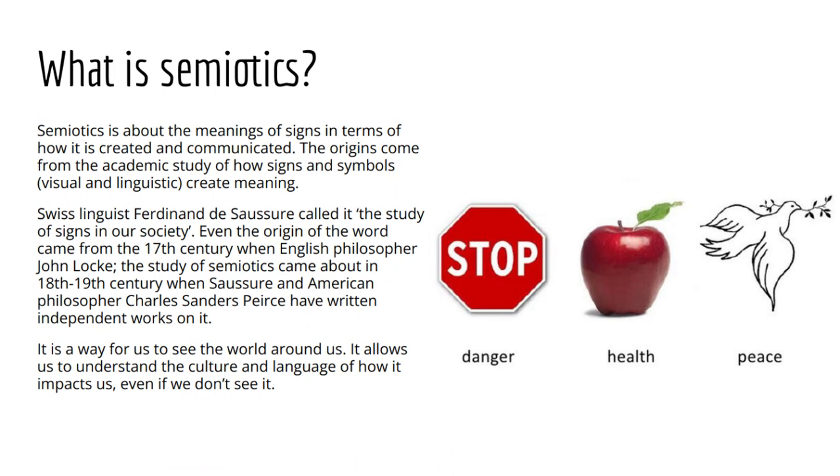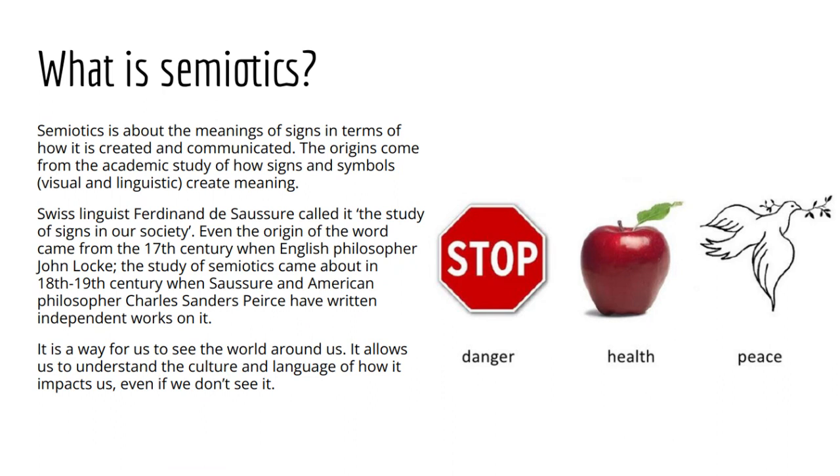Signs are all over the place, whether it's a word that's associated with something. The origin of the word came from the 17th century, when English philosopher John Locke studied semiotics.